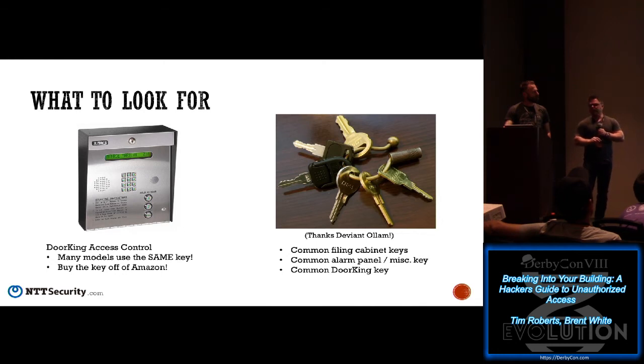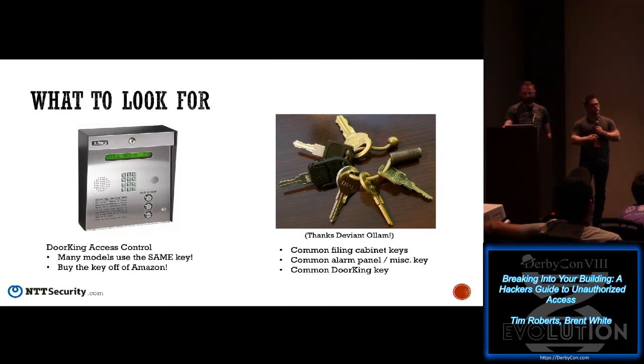So if you look up Deviant's talk from Wild West Hackfest last year, he'll go through this, and it's basically the keys that are common for filing cabinets. And so it is this key. I can't remember, that's like a C1 or 220 or something like that. I should have written it down for you guys, so sorry for not doing that.